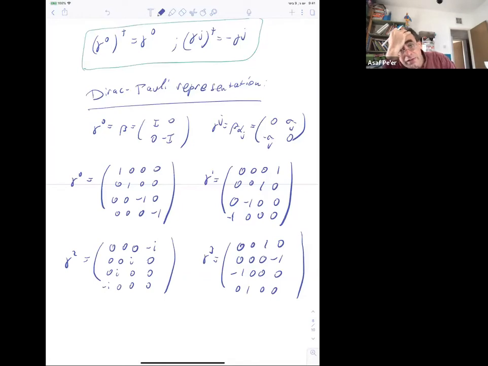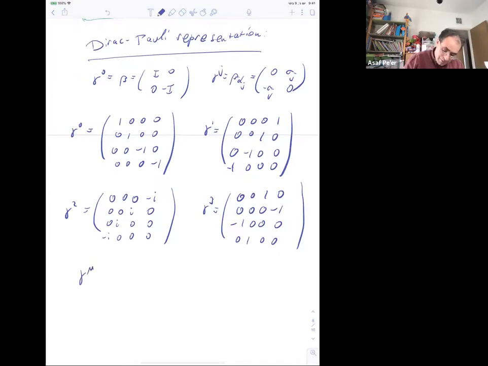Now, as a comment, in the Dirac equation there is this gamma mu d mu. This is not a Lorentz scalar, because gamma mu is not a vector.